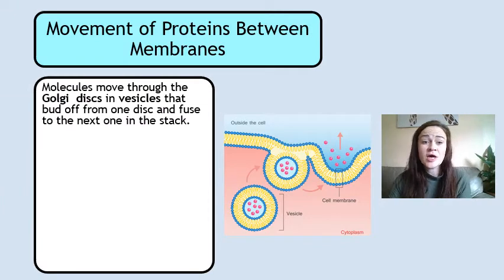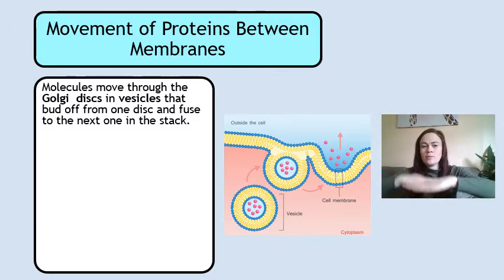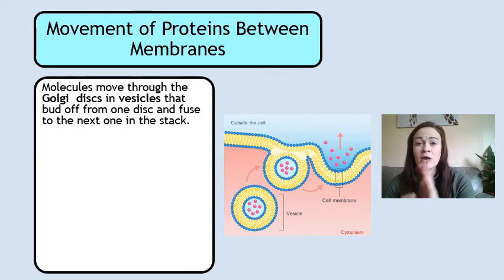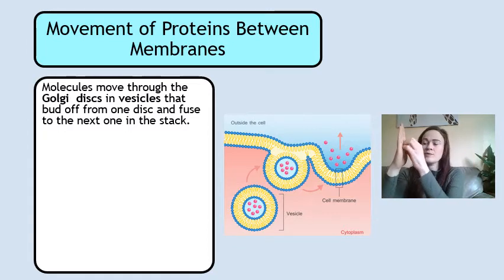So the molecules also have to move through the Golgi apparatus. If you remember, the Golgi apparatus is a series of membrane discs piled on top of each other. The endoplasmic reticulum released a vesicle with the proteins in it, which merged with the membrane of the Golgi apparatus and released its contents inside.